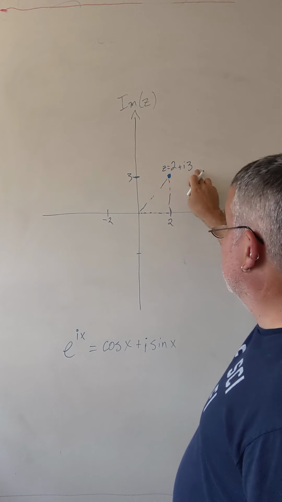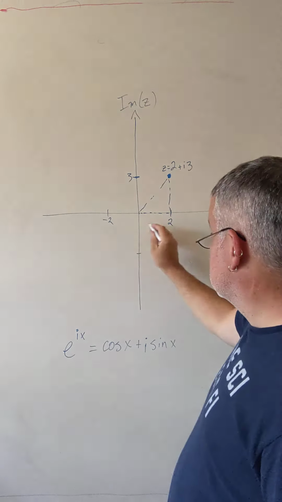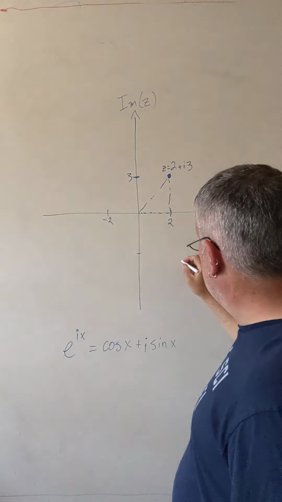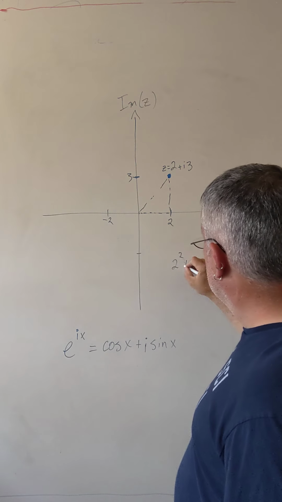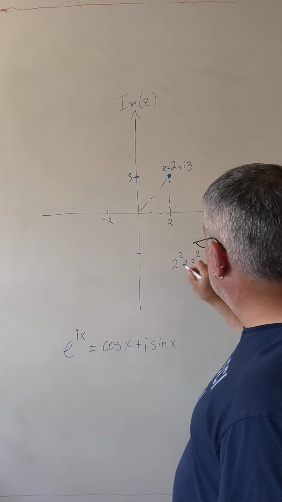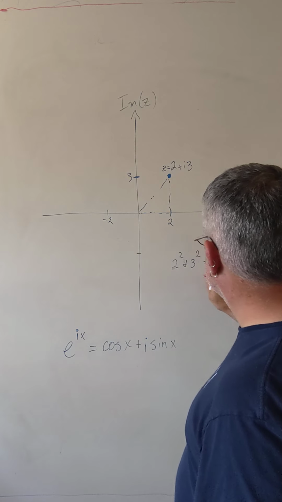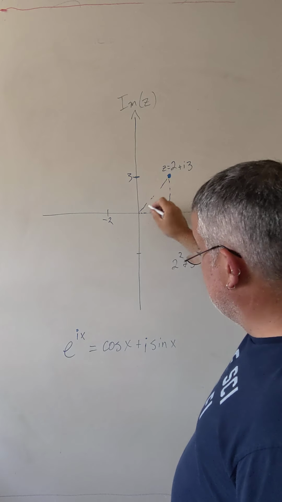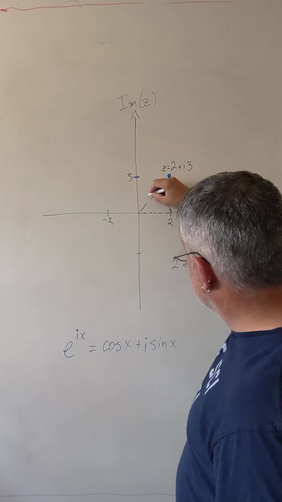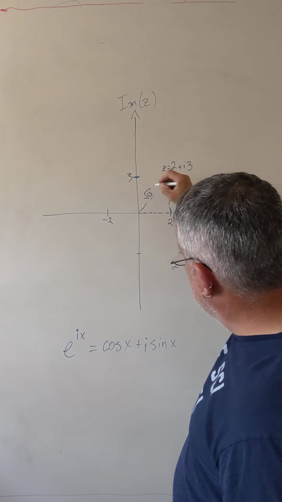So z is 2 plus i times 3, so it's 2 over here and 3 over there. So the Pythagorean theorem tells us that it's 2 squared plus 3 squared, which is 4 plus 9, which is 13, the length of the hypotenuse squared. So this is the square root of 13. Great.